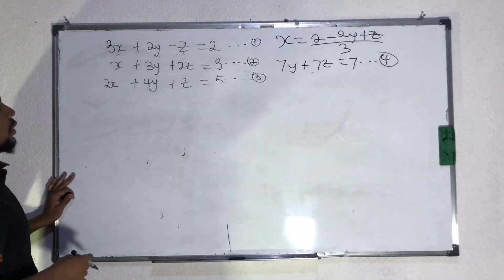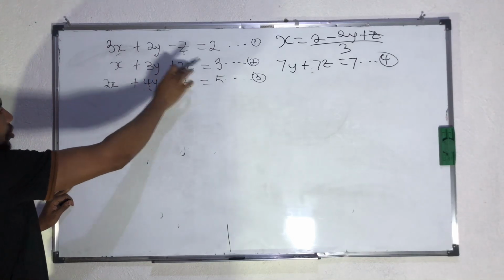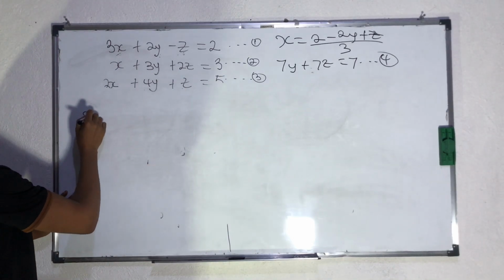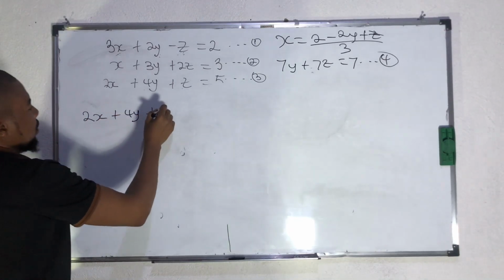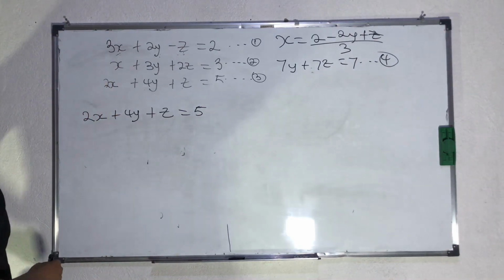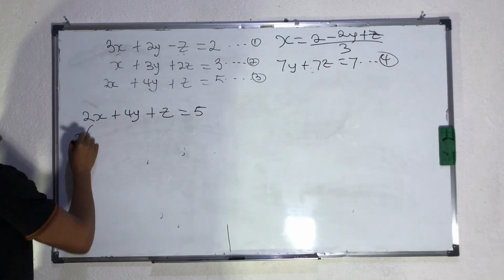All right. Remember, we substituted our value for x initially in equation 2. Now let's do it for equation 3. Here we have 2x plus 4y plus z is equal to 5. Let's now do our substitution. We have 2, open our bracket.